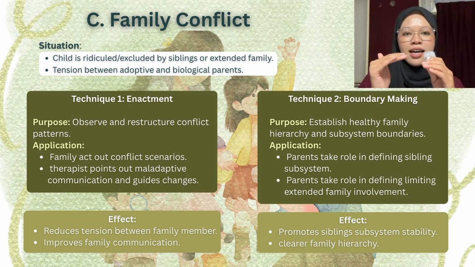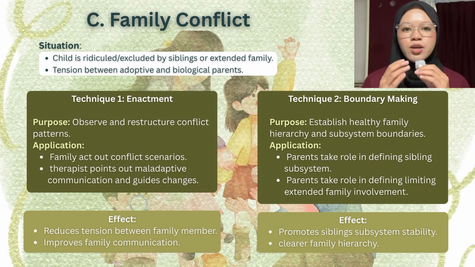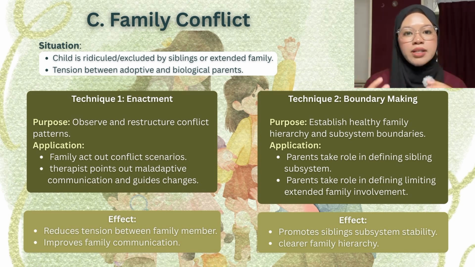This hands-on correction reduces the tension and provides the family with a new way of communicating at home. The second technique is boundary making, which focuses on how to create a healthy family hierarchy. The therapist empowers the parents to foster the sibling relationship to ensure that exclusion is replaced by a sense of belonging and mutual respect.